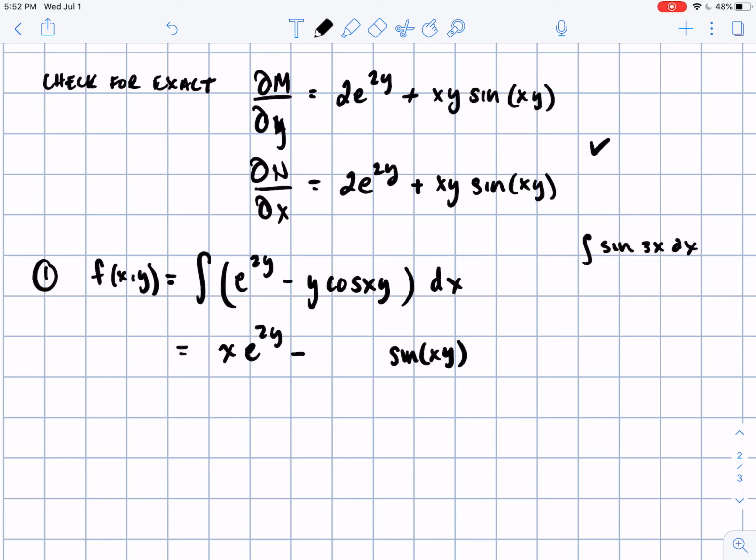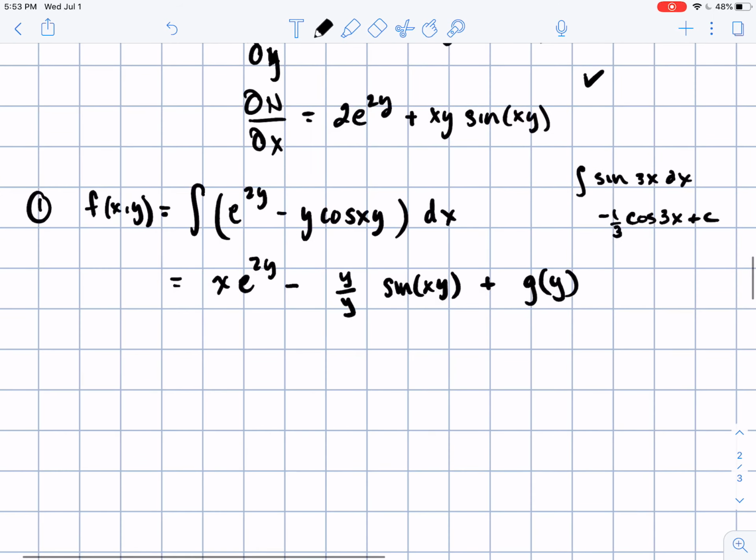You know that's going to be negative 1/3, so you get that negative 1/3 to come out. Okay, so in this situation, we'll have y divided by y, which is nice, and then plus g of y. Remember that's really like a constant there, but we don't know what our function would be yet.